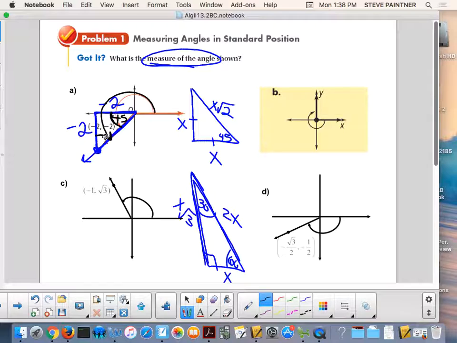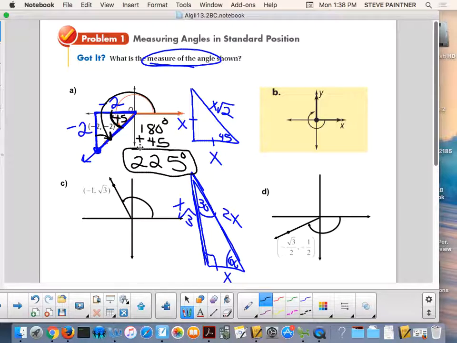It's 180 plus this 45, right? So that would be what? Right? 225? Okay.